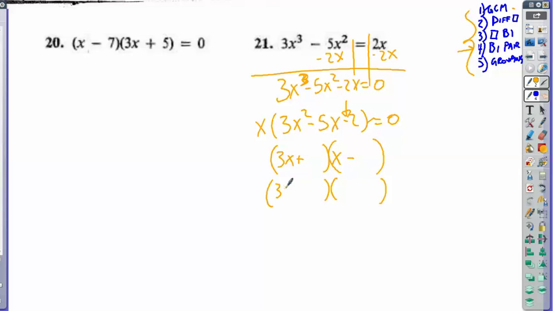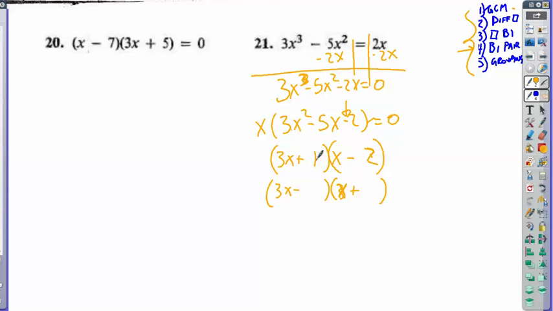Let's say I have 3x, minus, and then x, plus. And so I know I have to have 3 times 2, so then negative 2 times 1 would be negative 2.